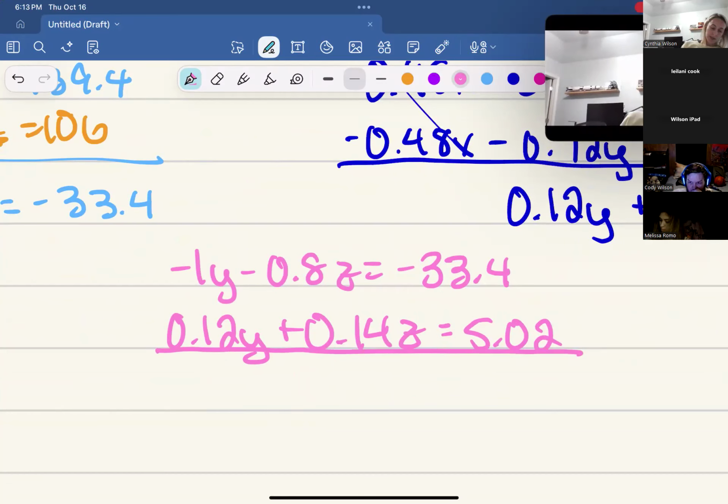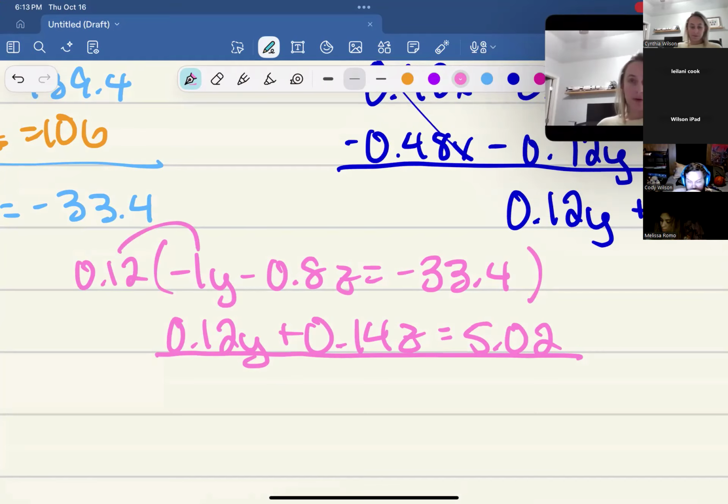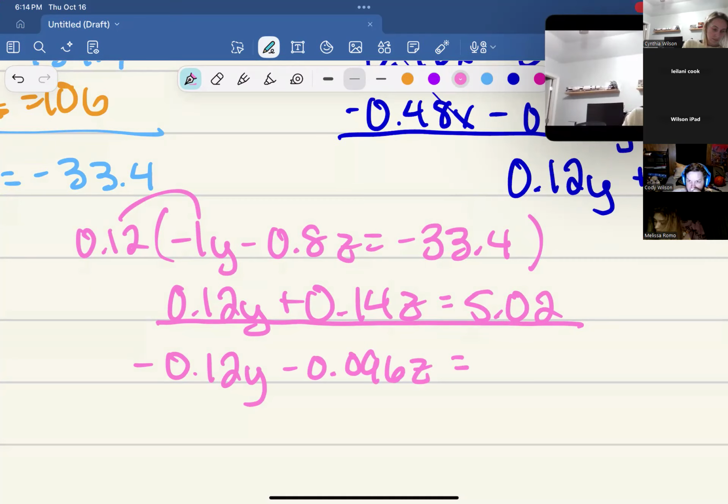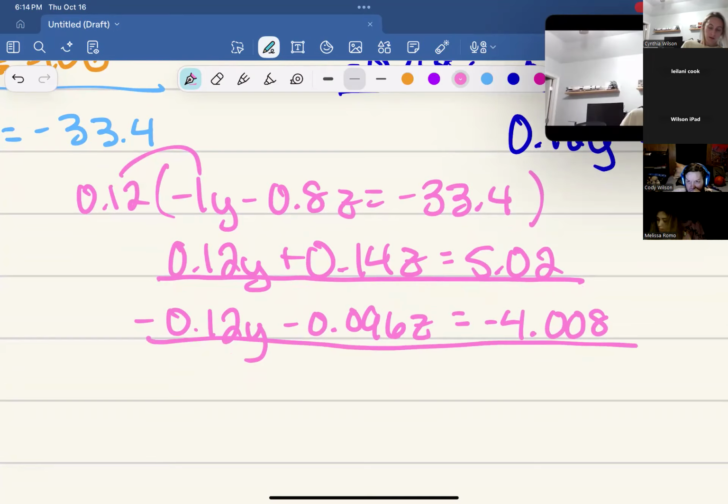And I think I'm going to multiply this top one by 0.12 and eliminate the y's, because if I multiply it by that, I'm going to get negative 0.12. All right, y's cancel.